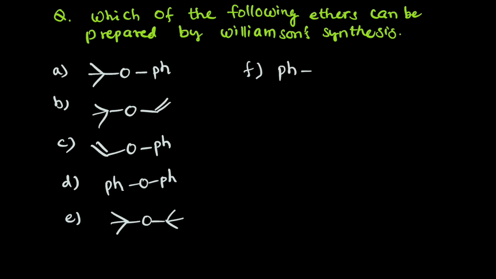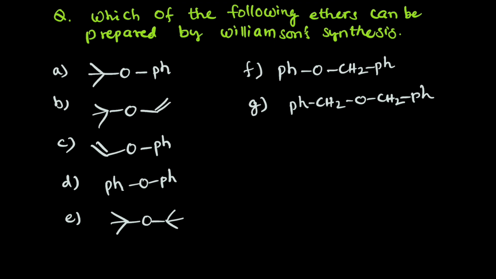C: left side vinyl, right side phenyl, not possible. D: both sides phenyl, that halide bond is not possible to break. E: both sides tertiary, not possible because elimination is favorable. F: one side phenyl, one side benzyl; benzyl bromide or iodide are possible, so F is possible.